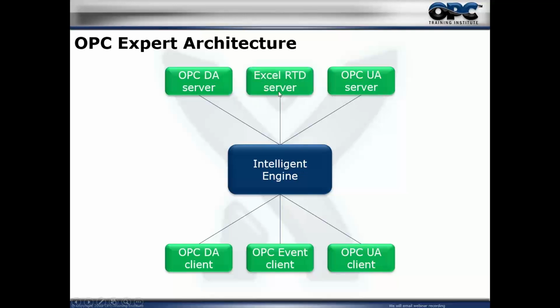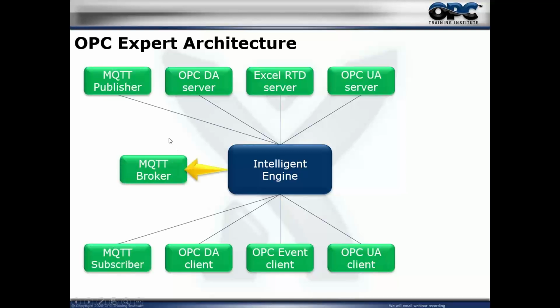You can also send data to Excel via the real-time data engine, Excel RTD, that's Microsoft's real-time data, and we have webinars on this as well, separate webinars. Now, from there, you can also send data to MQTT, where you have an MQTT subscriber, a publisher, and a broker. So all of that is inside.